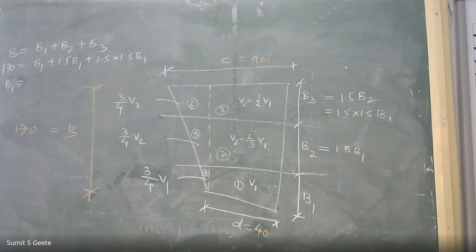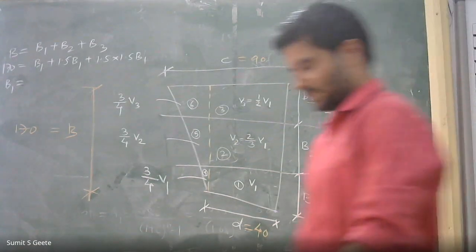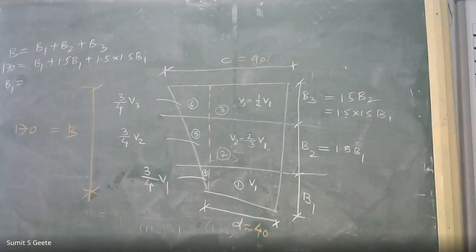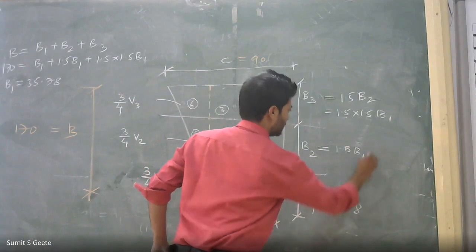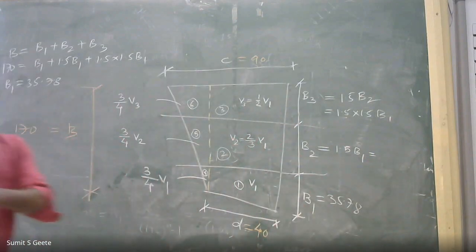Now 35.78. So write down: this is 35.78, and this into 1.5.